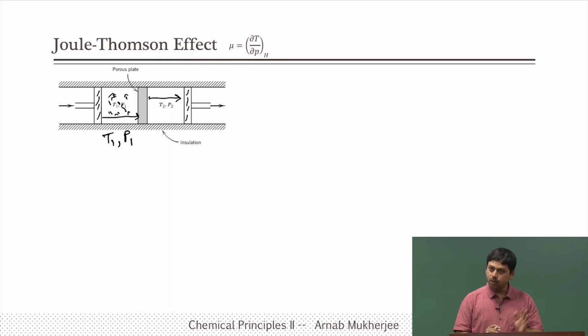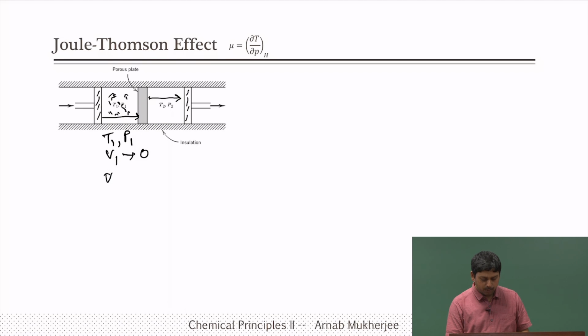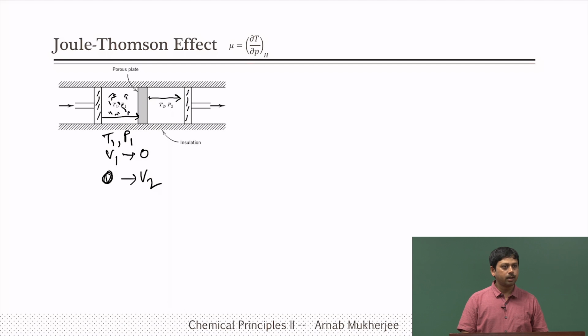So, initially the gas was in the left chamber at temperature T1 and pressure P1, you push the gas through the porous membrane to the other side, creating a different temperature T2 and a different pressure P2. In the process, the volume went from V1 to 0, and on the right hand side the volume went from 0 to, let us say, V2, correct.